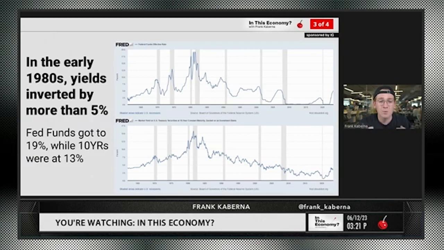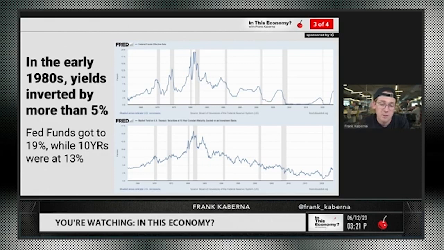So let's go further back in time to get a closer case study to today. In the early 1980s, yields inverted by much more than they're inverted currently. Just to show you how bad it can get, looking at the Fed funds rate at top and the 10-year rate.